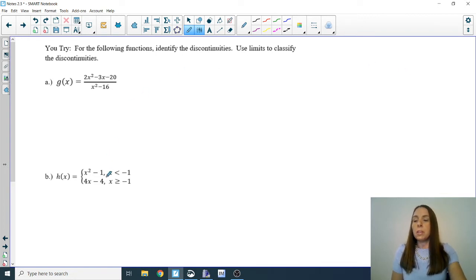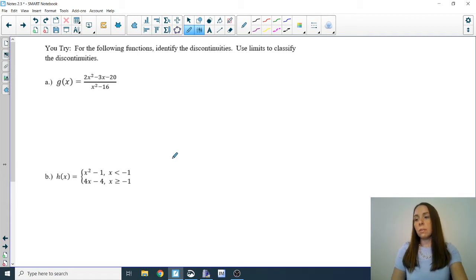Whenever you're looking at a piecewise defined function, what you want to focus on to identify the discontinuities are first any restrictions of your separate pieces. So you should think about, are there restrictions on x squared minus 1? There are not. Are there restrictions on 4x minus 4? There are not. So good news, we don't have any points of discontinuity here or here. The second thing you need to do, and this is usually where you're going to find your point of discontinuity, if anywhere, is at your boundary point at the partition of the domain.